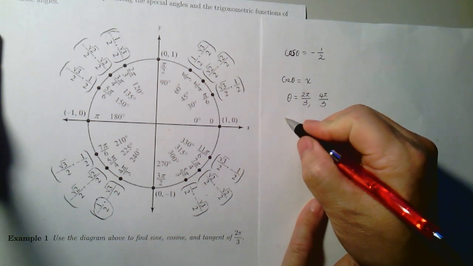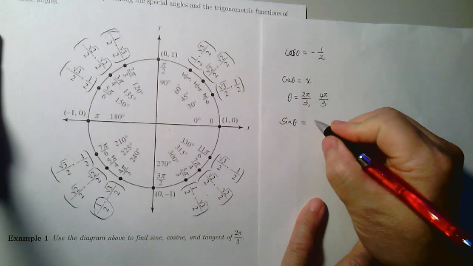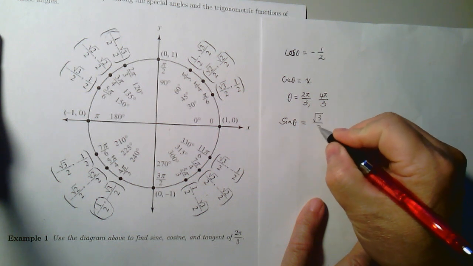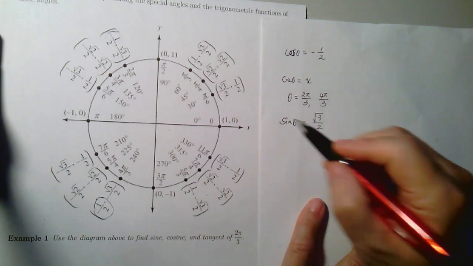For example, if you want to find sine theta equal to square root 3 over 2, you can do the same thing here.